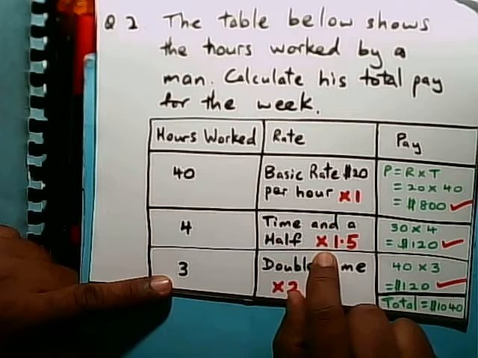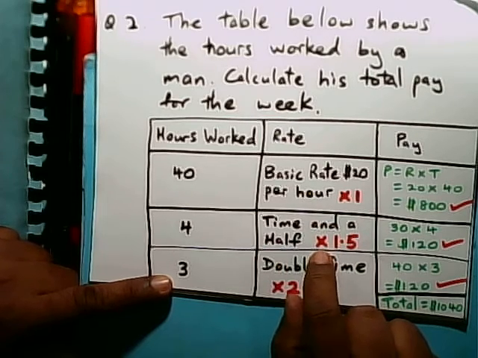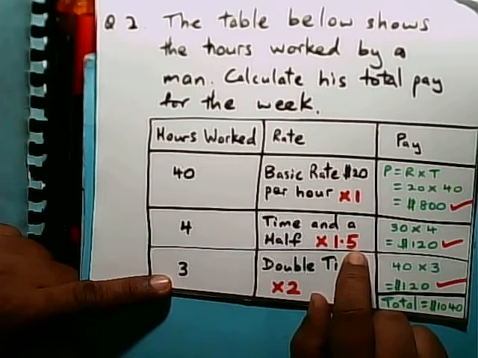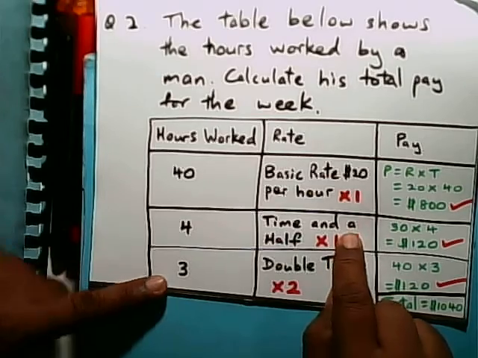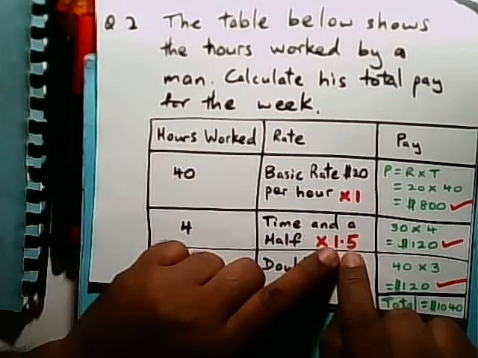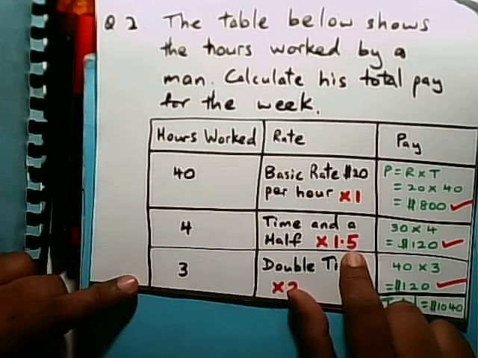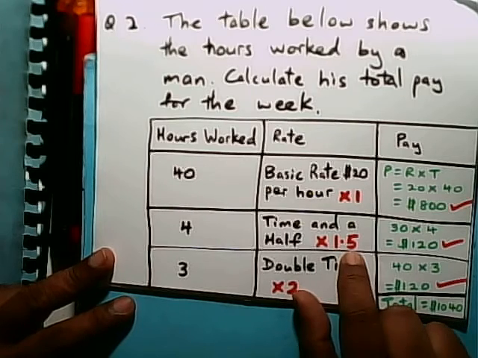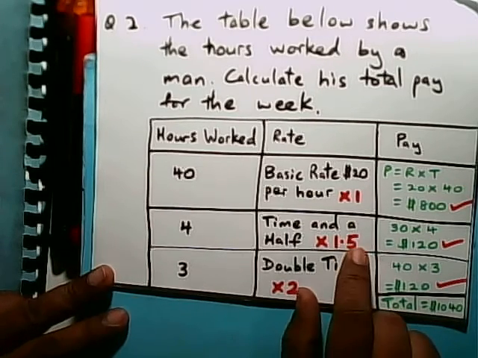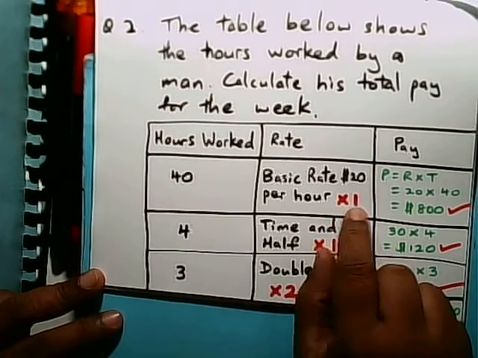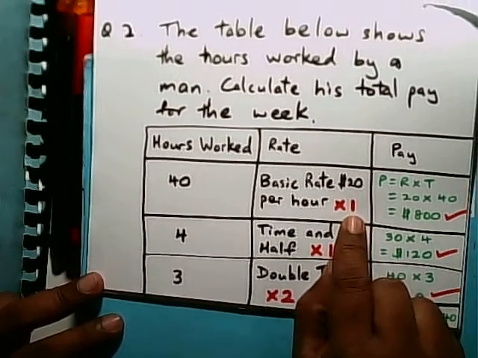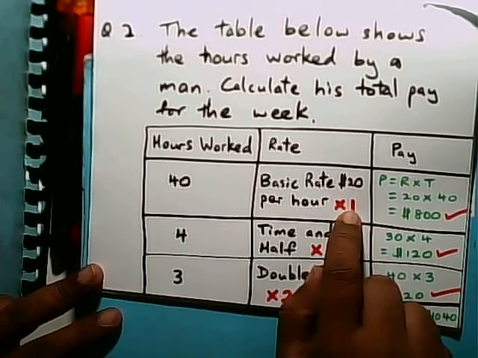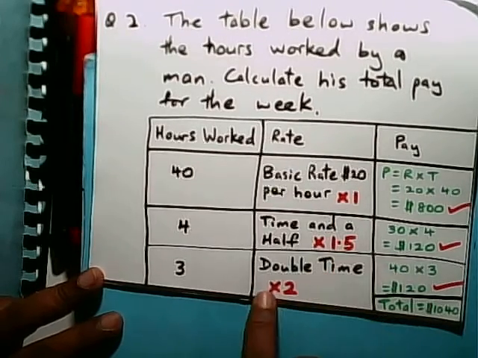The symbol for time and a half is x1.5. 1.5 means $20 and half of $20 again, which is $10. So $20 plus $10. Okay, all right. x1 means just normal, times 1. 20 times 1 is 20. So these are symbols for basic rate, time and a half rate, and double time rate.